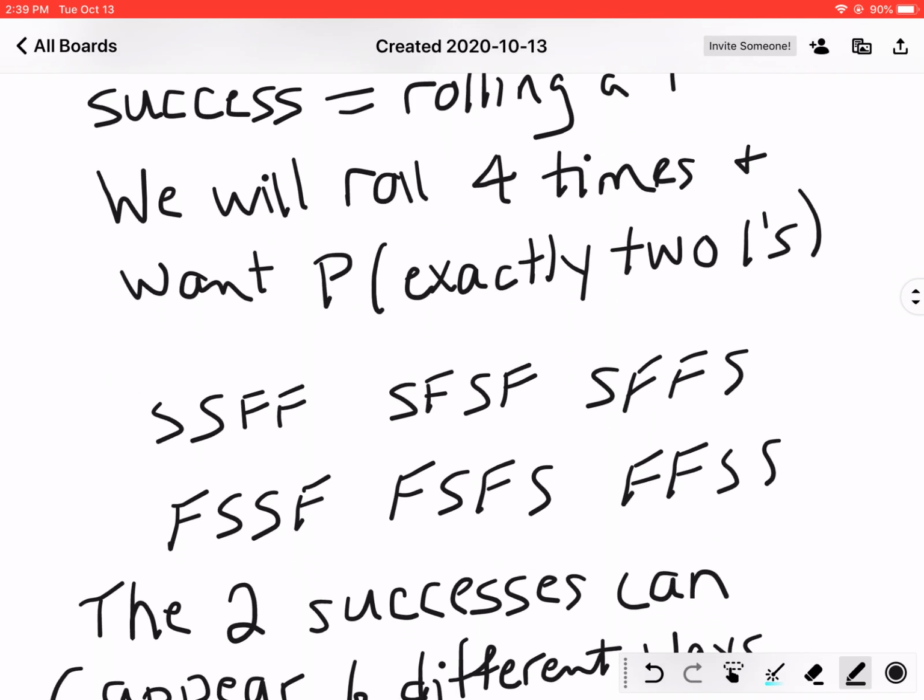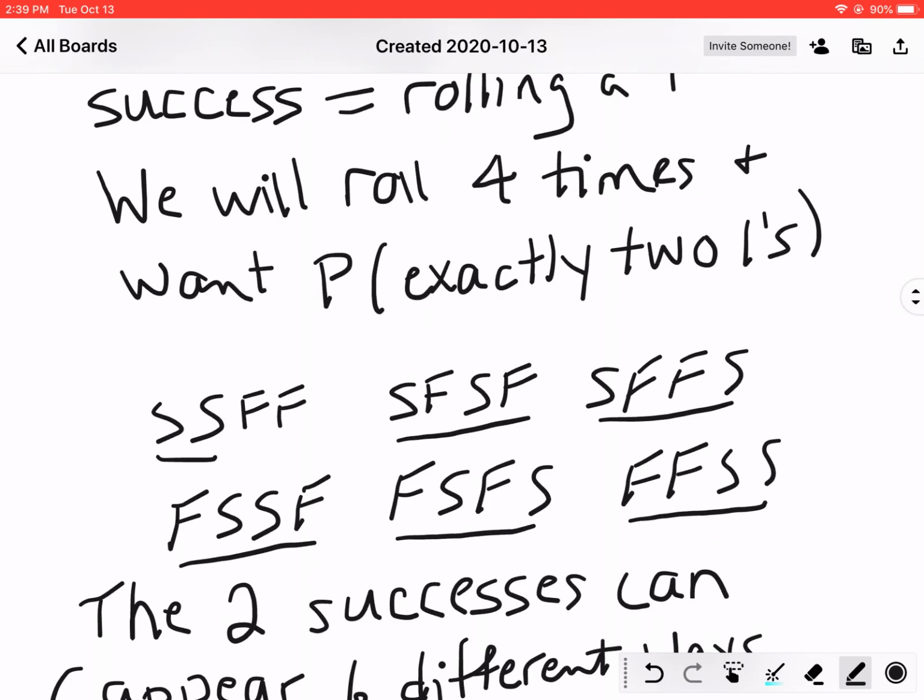Well, like I did a minute ago with 5 coins, if I have 4 rolls, I can have success in the first 2, first and third, first and fourth. And I'm modeling systematic counting here. Or the second and third, second and fourth, or the third and fourth.